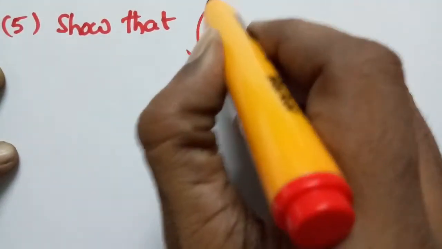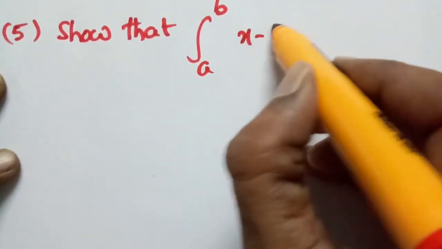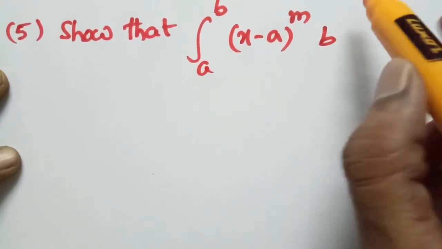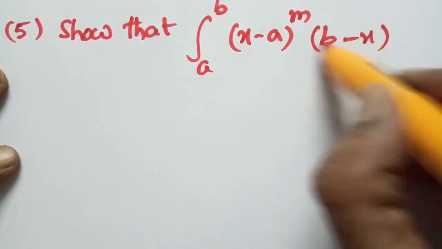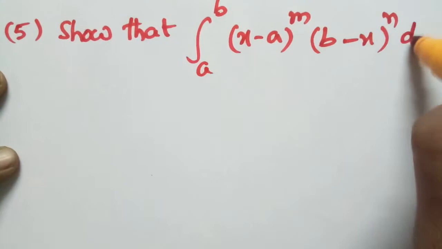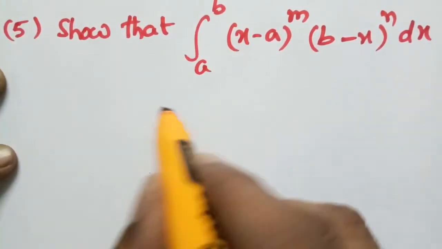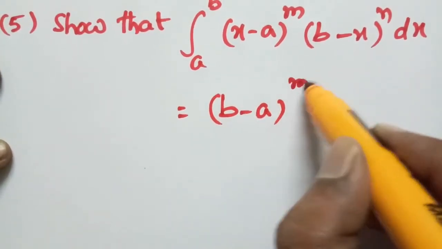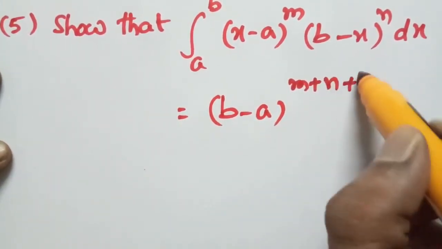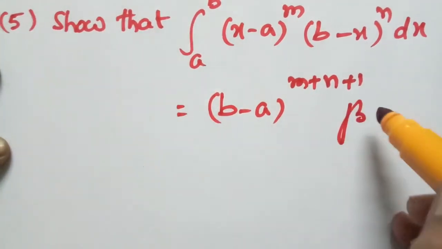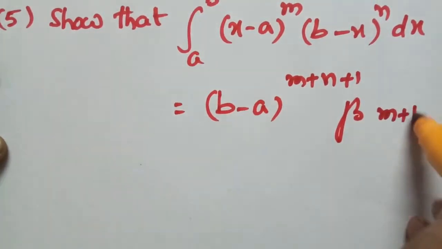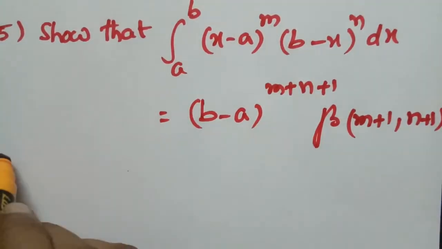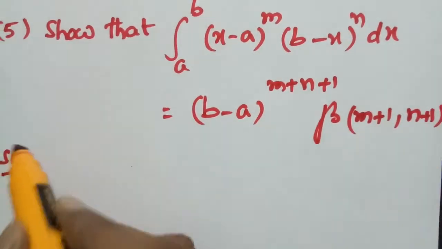Integral a to b of (x minus a) to the power of m into (b minus x) to the power of n dx is equal to (b minus a) to the power of m plus n plus 1 into beta of (m plus 1, n plus 1). So this is our problem.